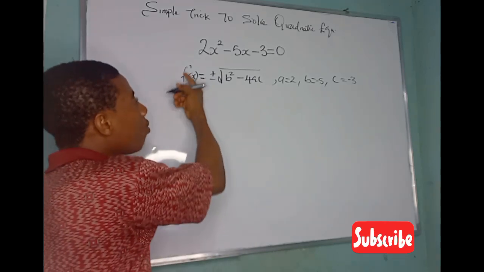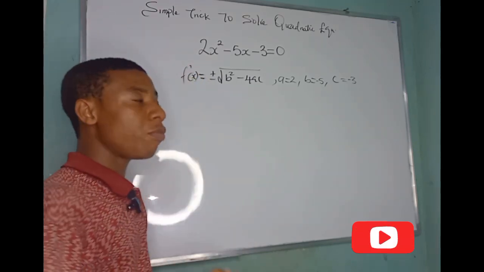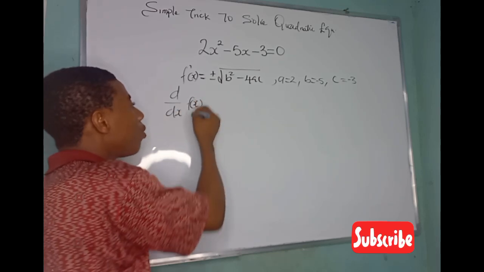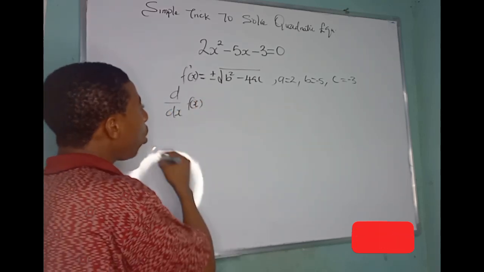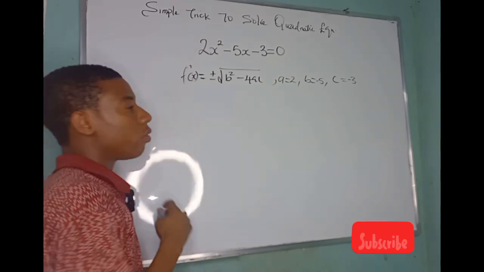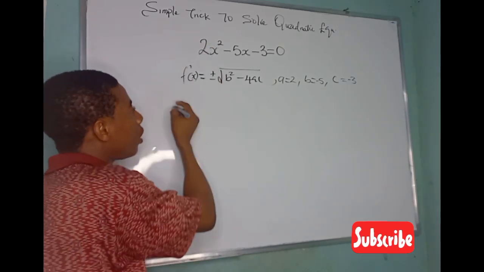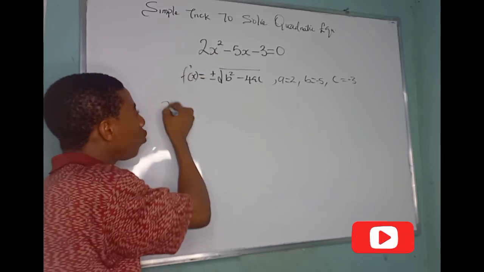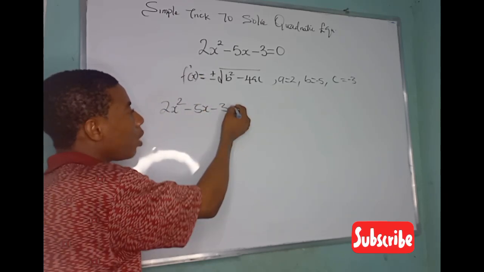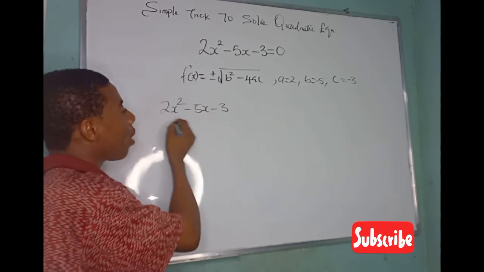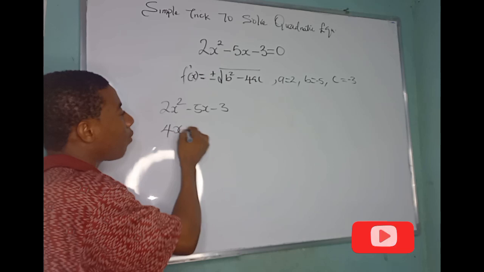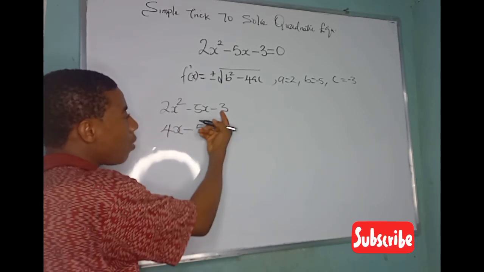When we talk about f prime of x, in calculus it simply means the derivative of the function of x, so we differentiate this. If we differentiate 2x squared minus 5x minus 3, we simply have 4x minus 5.